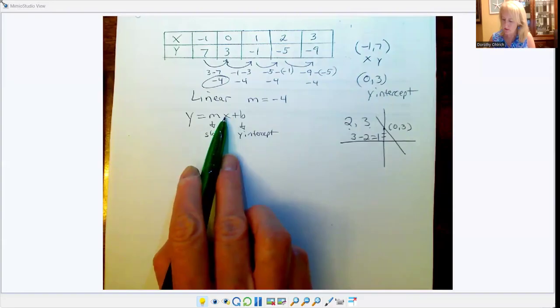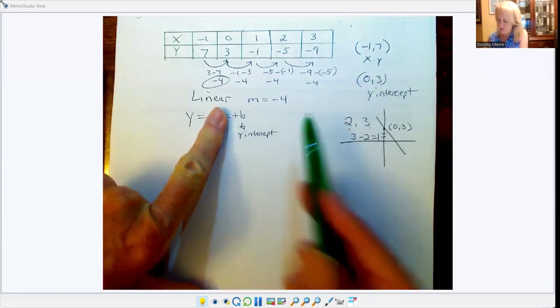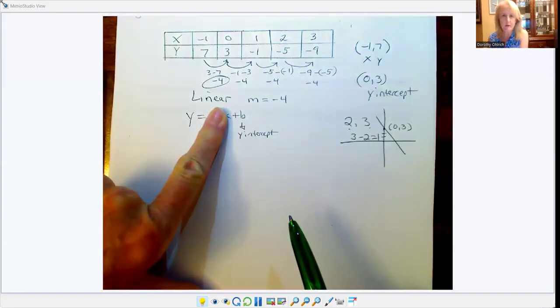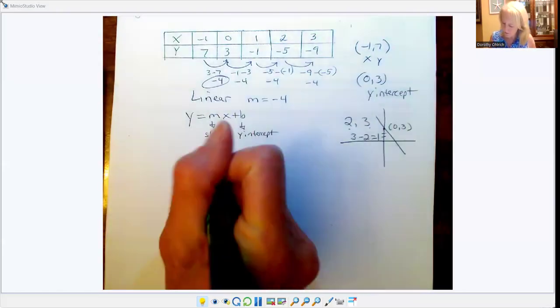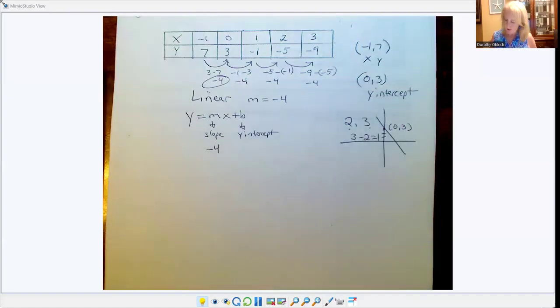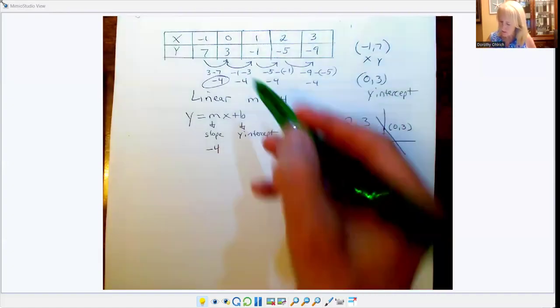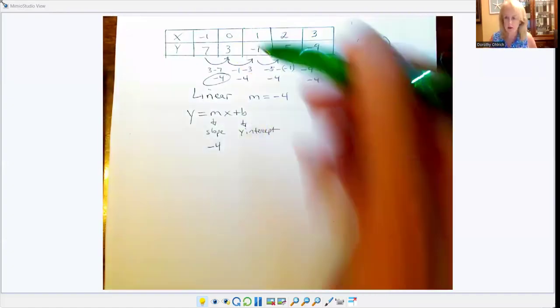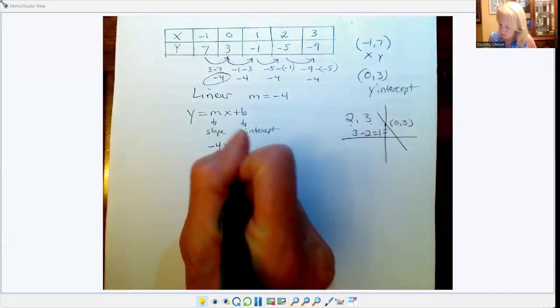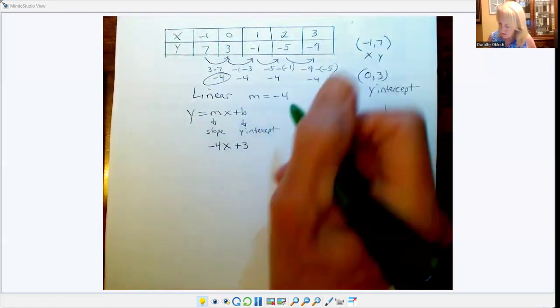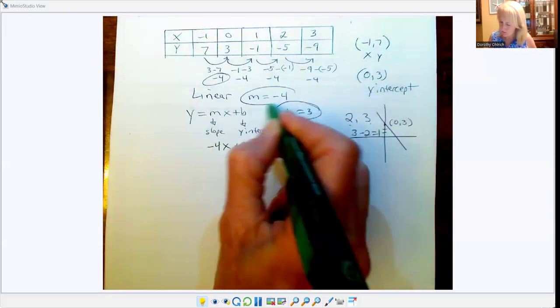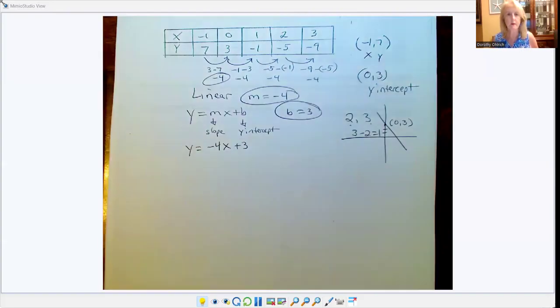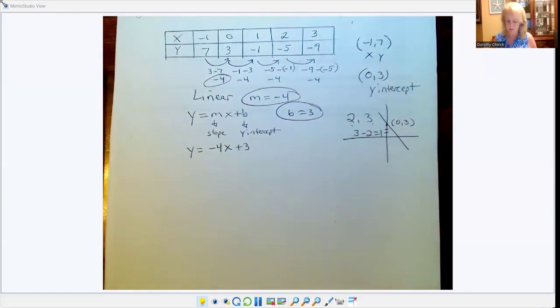Because when we put in a 0 for x, then y is equal to that number. So we know the m is -4, and here our y-intercept is 3. Our b is 3 and our m is -4. So our equation for this one is y equals -4x plus 3.